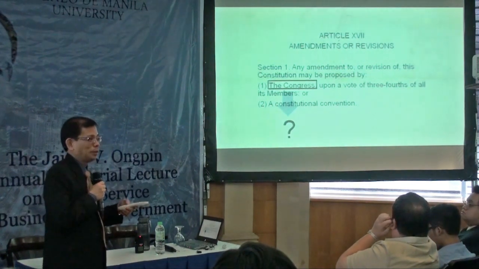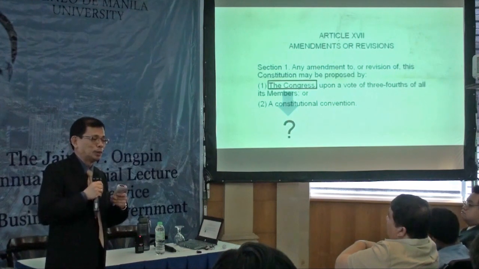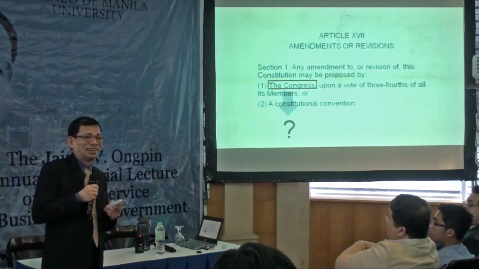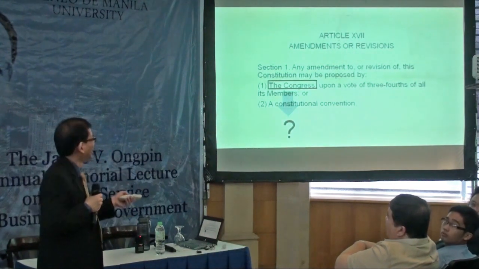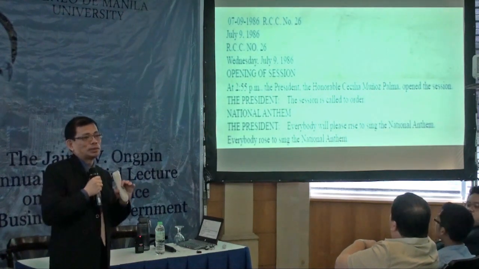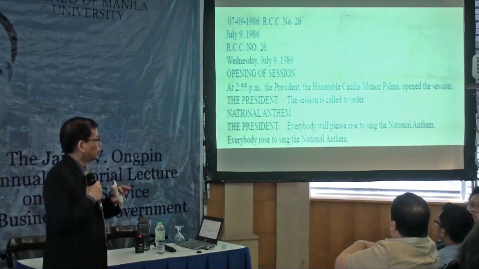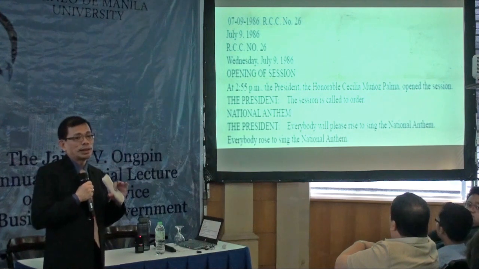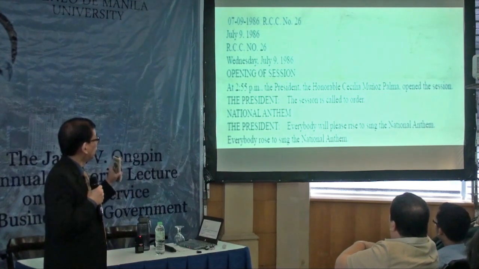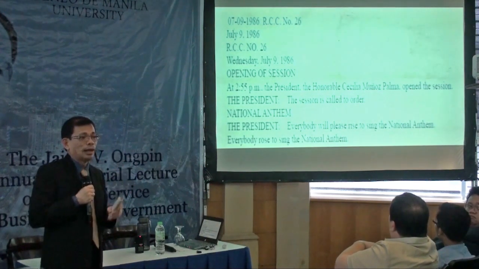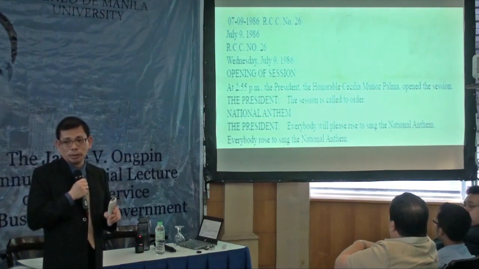I'll try to explain what happened in the Constitutional Commission, but we have an expert here who could explain it better. The section on amendments or revision was actually resolved early, in fact July 9, 1986, with an assumption that Congress was going to be unicameral.